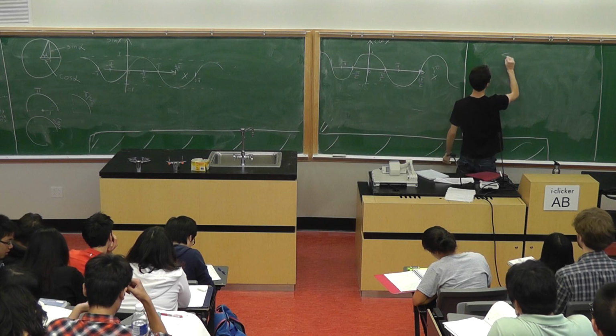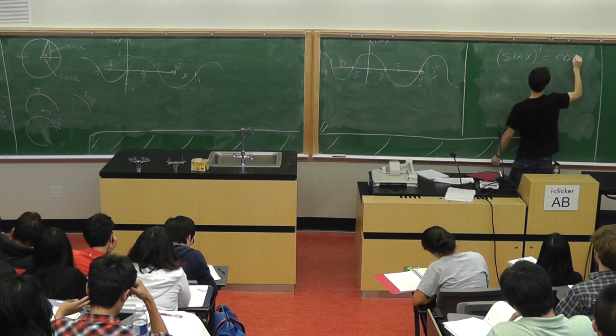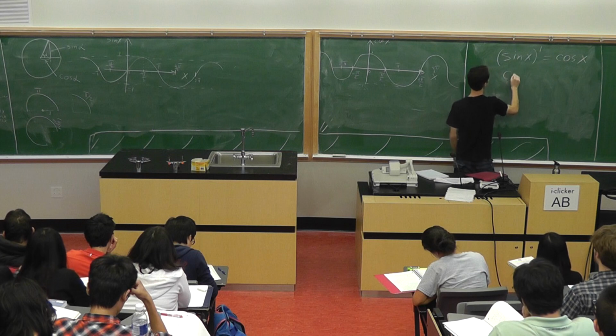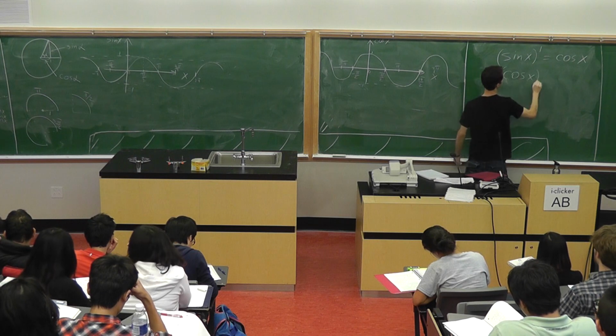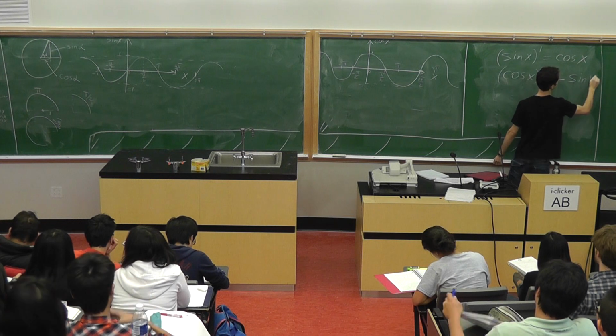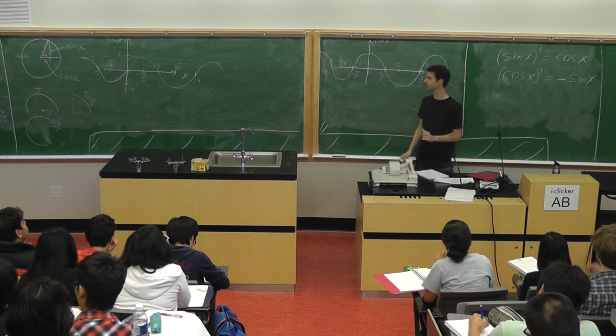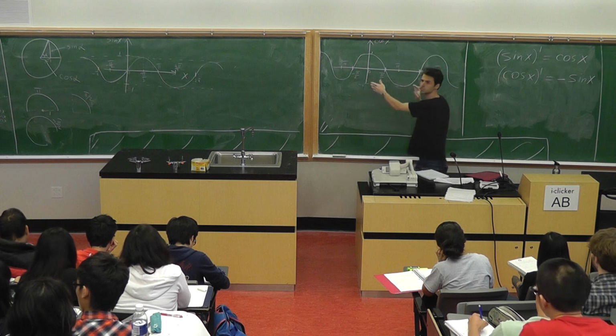So what you should remember is that the derivative of sine is cosine, and the derivative of cosine turns out to be negative sine. You should remember which one of them has the negative sign. You can also see it from the graph.